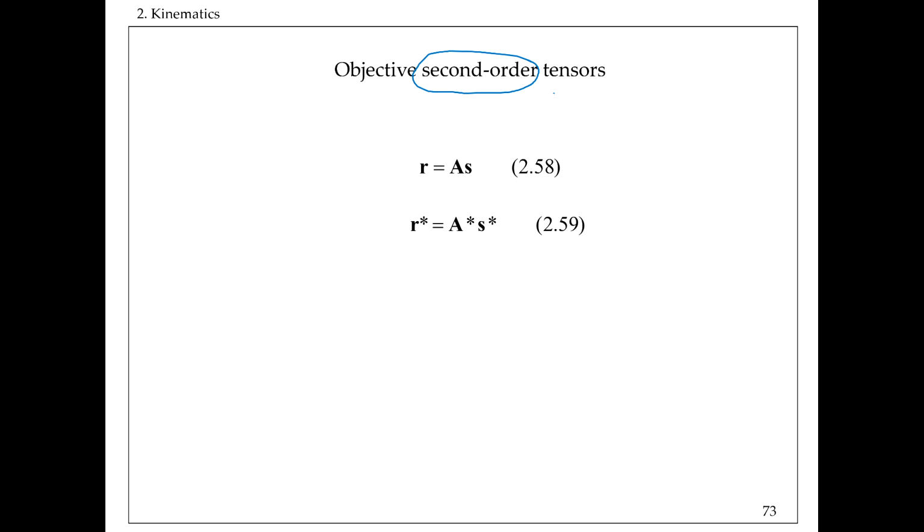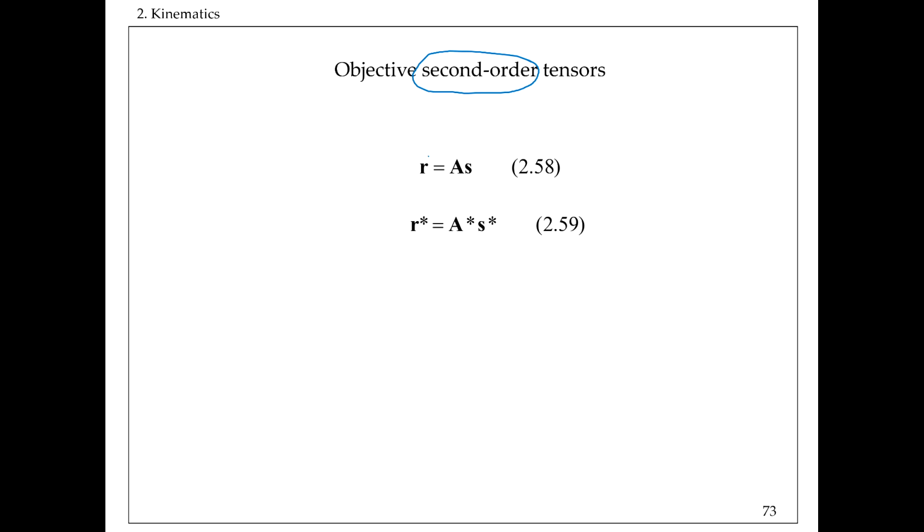So let's say we have a second order tensor, which is nothing but something that acts on a vector. We apply it to objective vectors, and the result of that is a new vector.